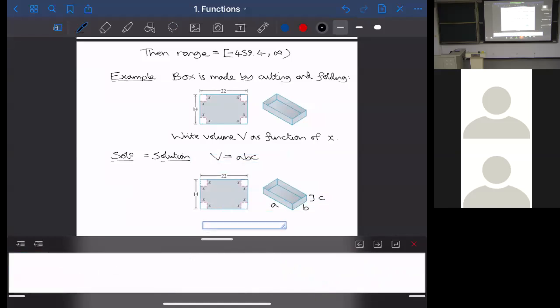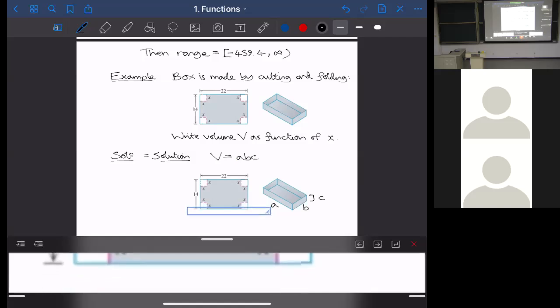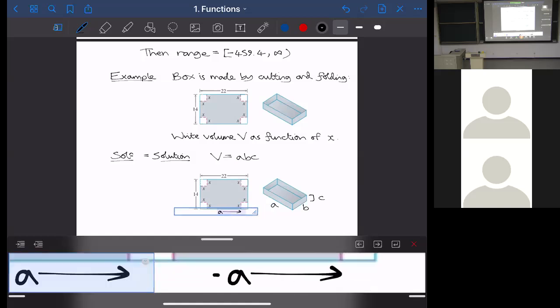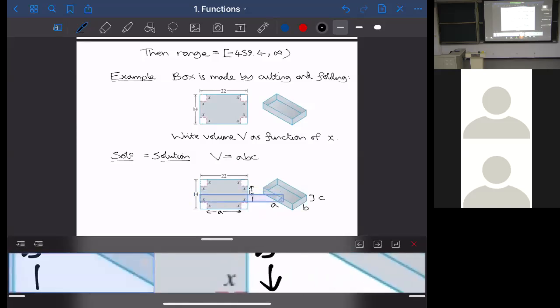So what are the lengths of the sides? Well, we cut out 4 squares from the corners, and then we fold. And after the fold, this length is A. This length is B. And C equals x.